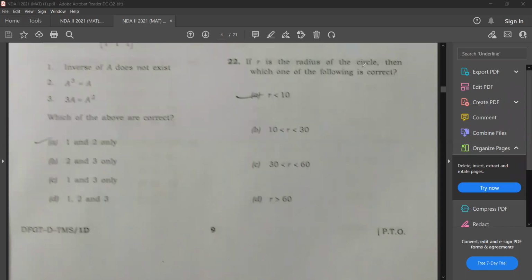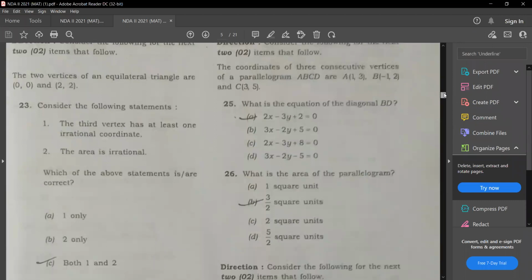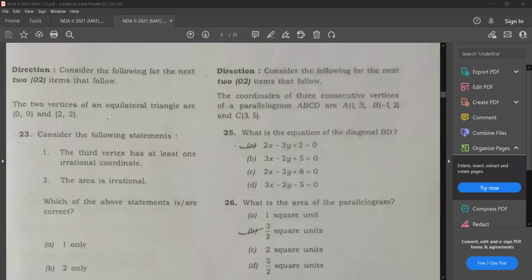Moving to the next one. Consider the following for the next two items that follow. Two vertices of an equilateral triangle are 0, 0 and 2, 2. Consider the following statements; you have to choose the correct statement.